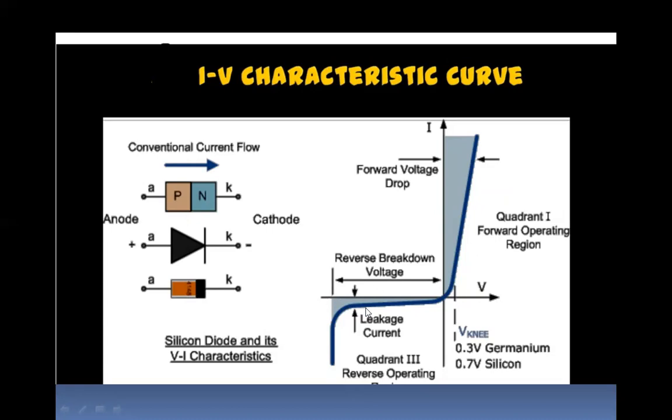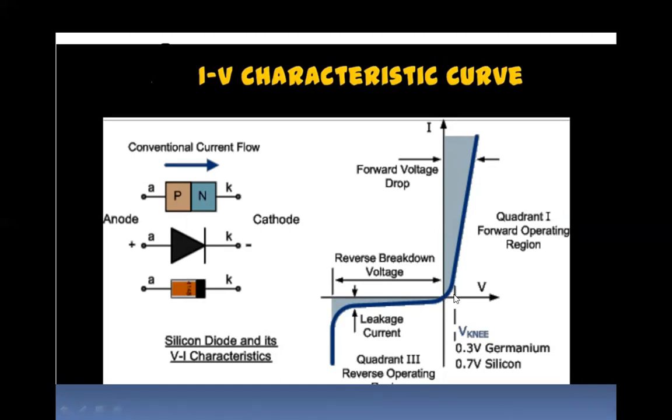So see, here you can see that when V is 0, the I is also 0. The V is 0 in the first quadrant. Please look into the first quadrant. I could not use the annotation over there, so please bear with this. So here you can see when V is 0, the I is 0. After this knee voltage, this is called knee voltage.